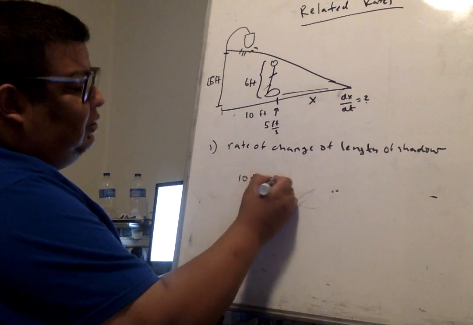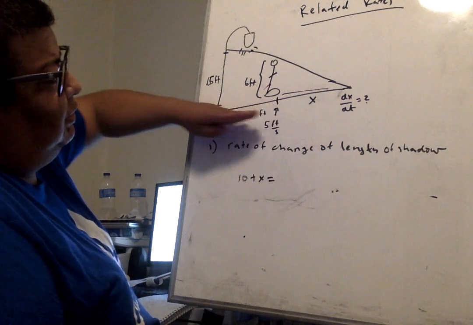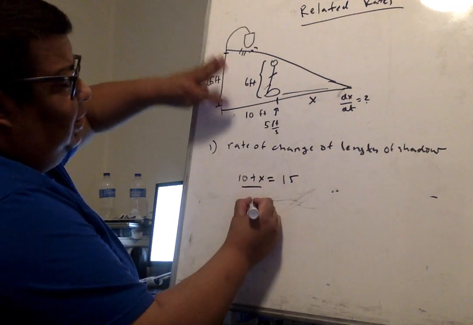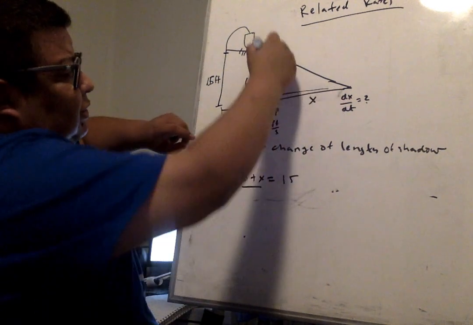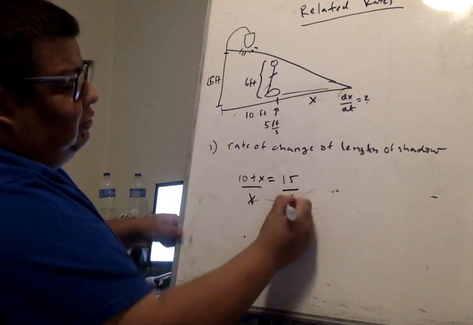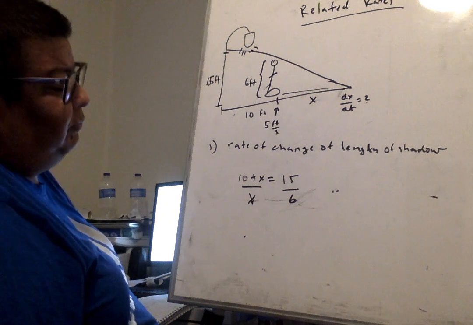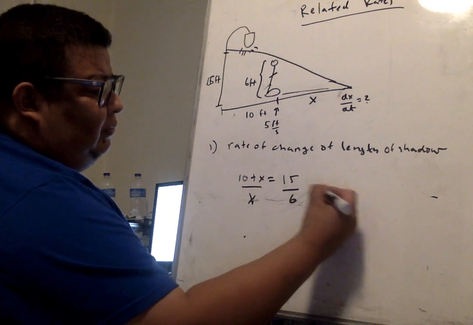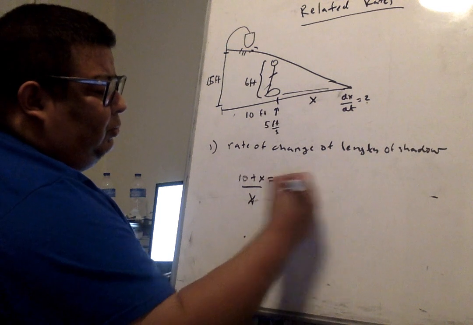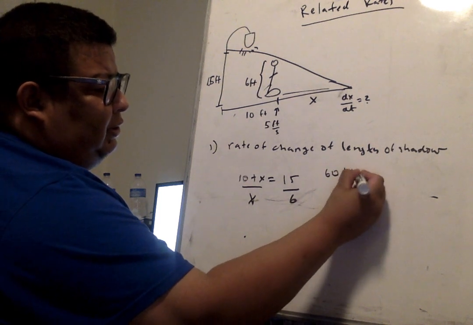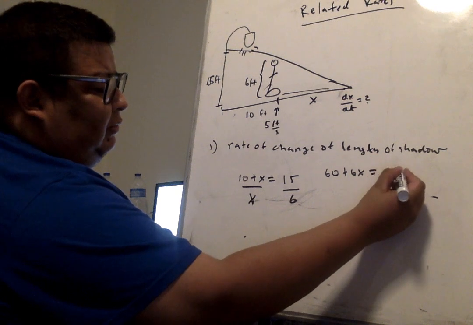plus x is equal to, so the length, this side here is equal to 15, and then x, this triangle here is going to be x over 6, which is the height here. Now I solve for x by cross multiplication. So it will be 60 plus 6x is equal to 15x.